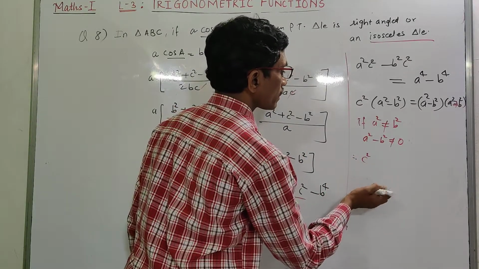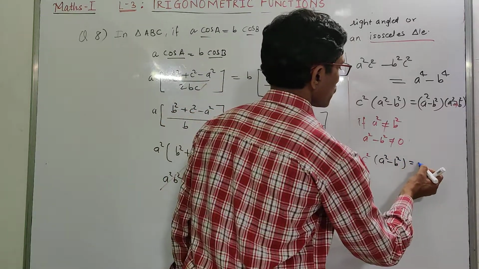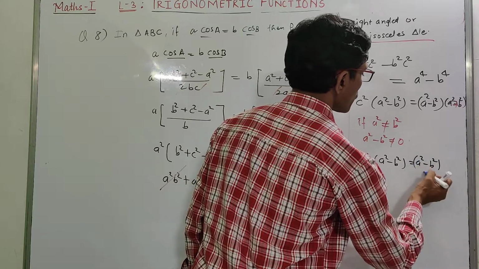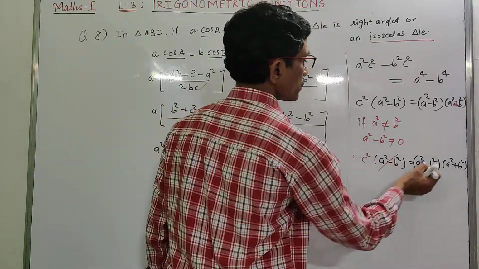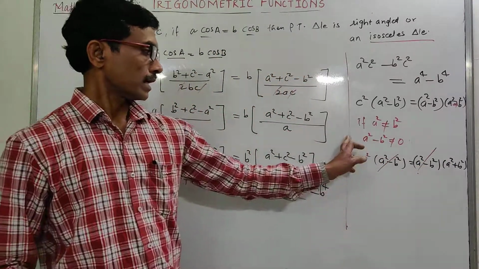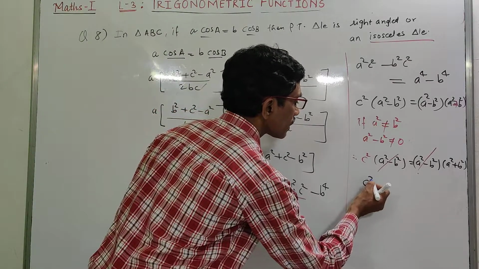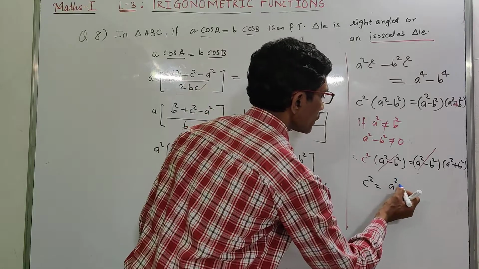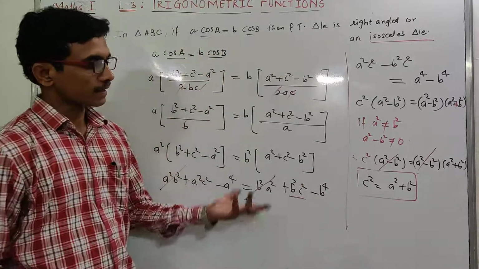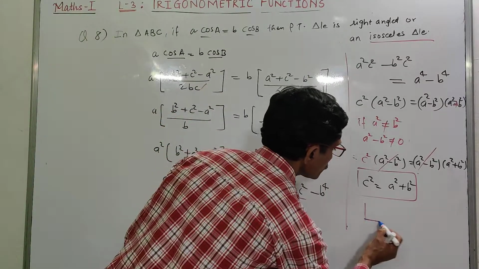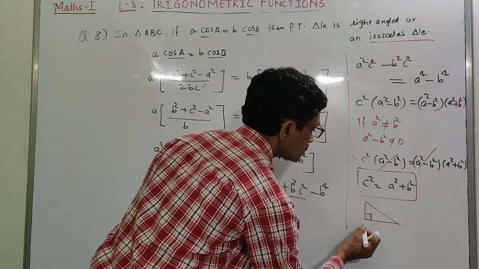Therefore c square into (a square minus b square) is equal to (a square minus b square) into (a square plus b square). This a square minus b square we cancel, as it is not equal to 0, and c square will be equal to a square plus b square. So what did you infer? That our triangle is right angled at C.